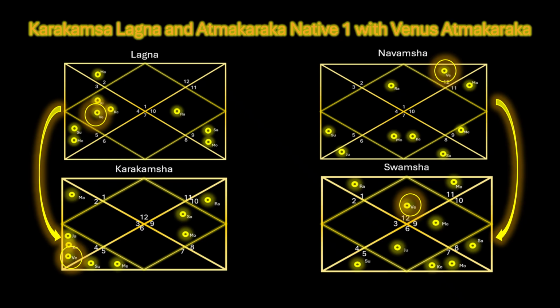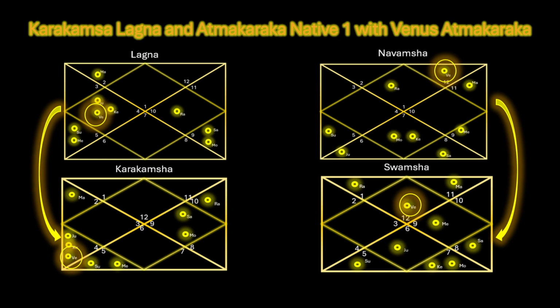So when you go into the Navamsha or the D9 chart, Venus has now moved into Pisces sign. In the Indian or Vedic or Jyotish system of charts, these numbers that you see are the number of the sign. So 12 represents Pisces or Meena Rashi. So Venus is in Pisces Rashi.